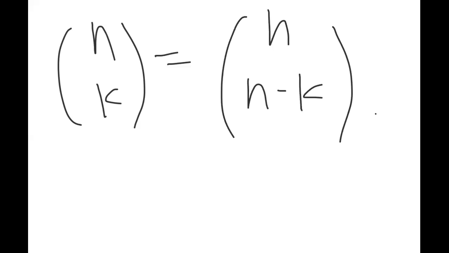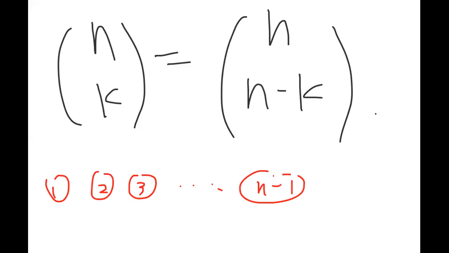Why is that? For example, you have n items: 1, 2, 3, all the way to n minus 1 and n, right?